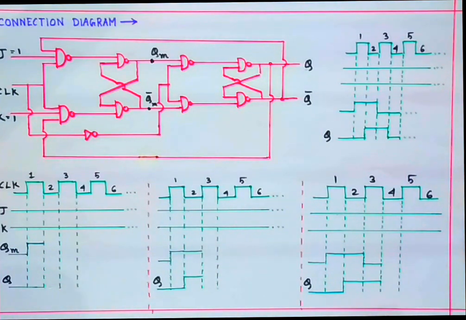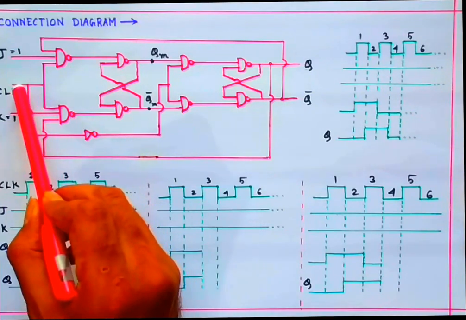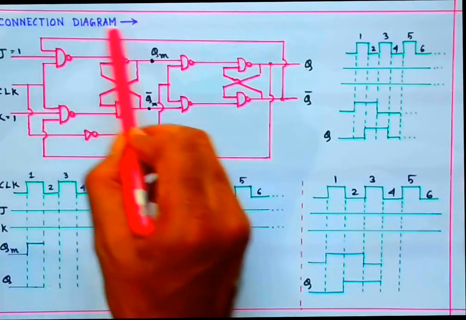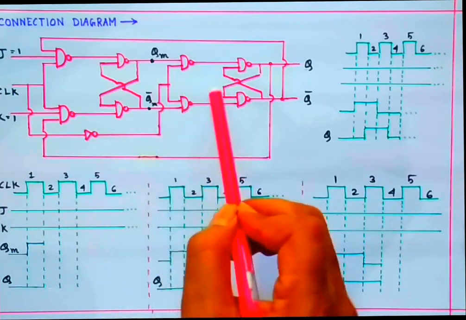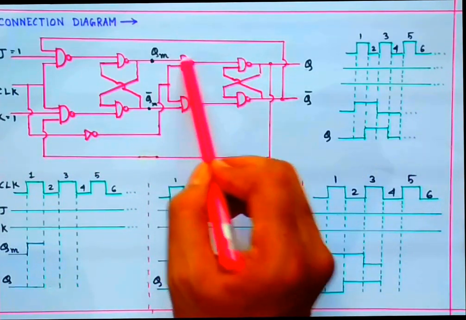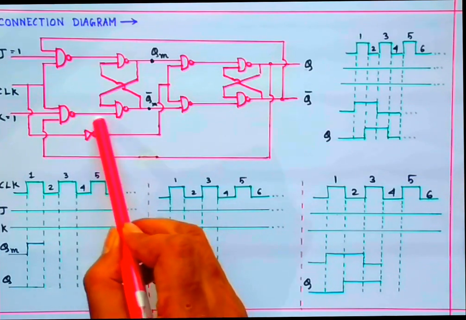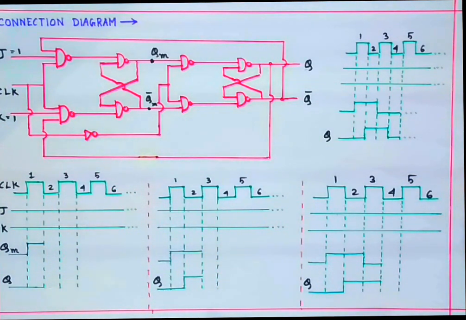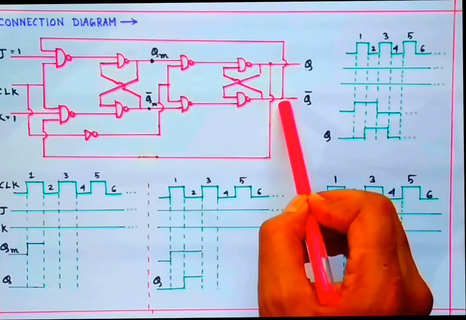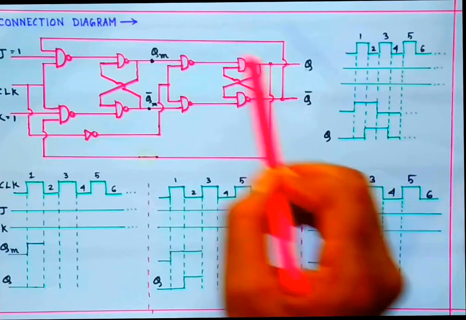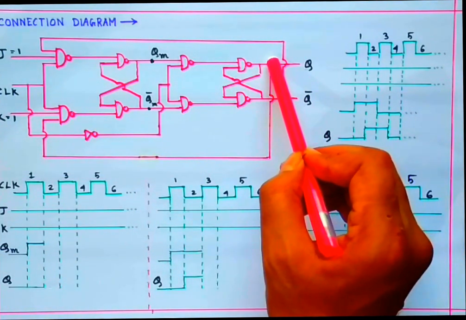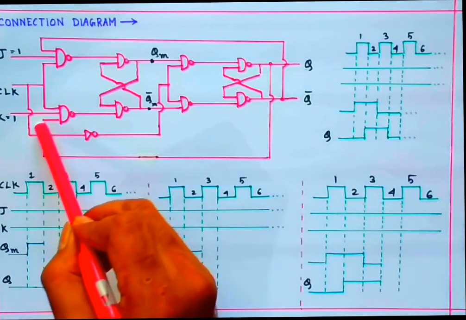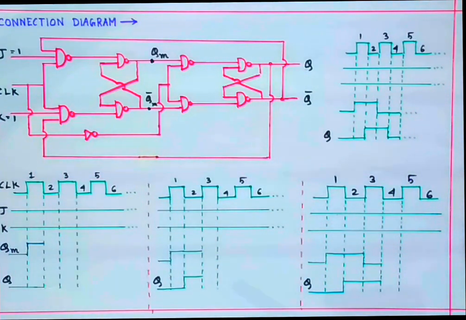Also you can see that normal clock is applied to this first flip-flop and inverted clock is applied to this second flip-flop. We have used a NOT gate to invert this clock signal. Also you can see that this Q bar feedback is connected to this NAND gate and this Q output is connected to this NAND gate.